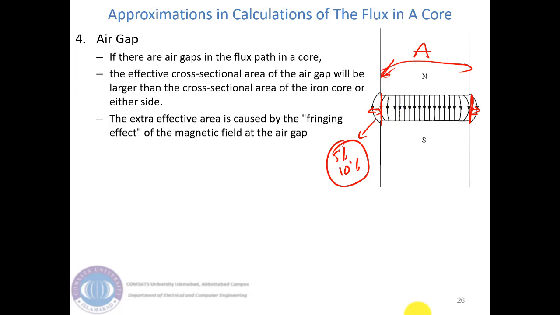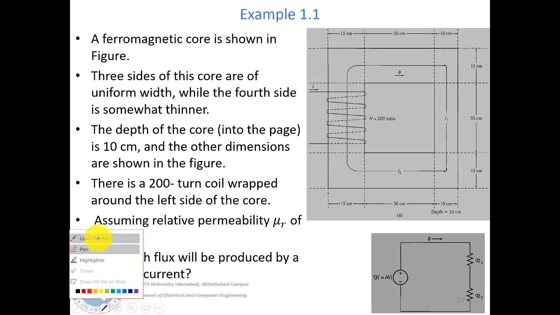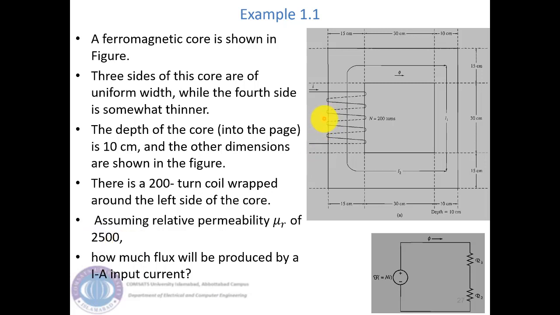Now let's look at an example. Here we have given this magnetic circuit, which is a core, and different dimensions are given.